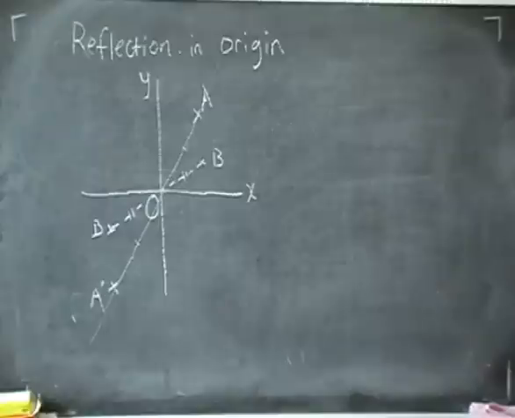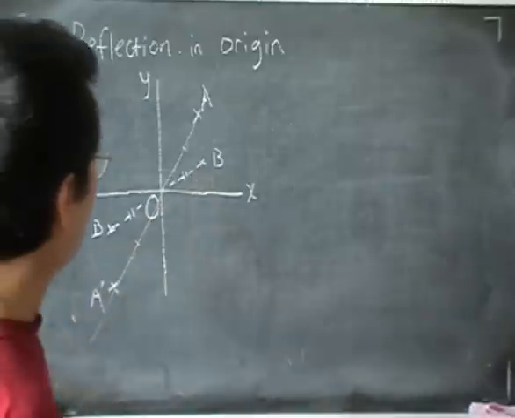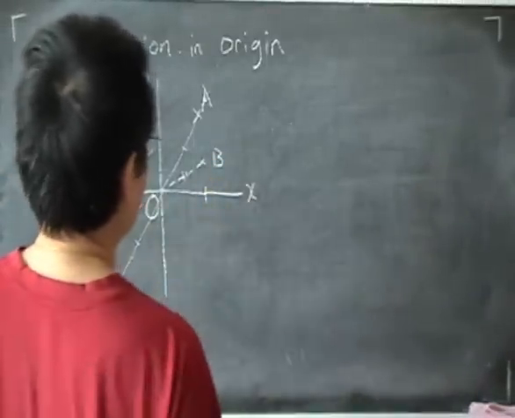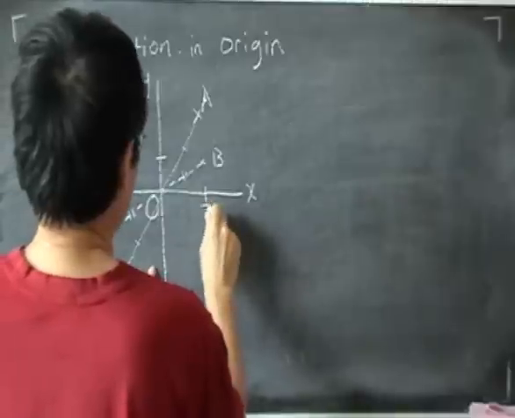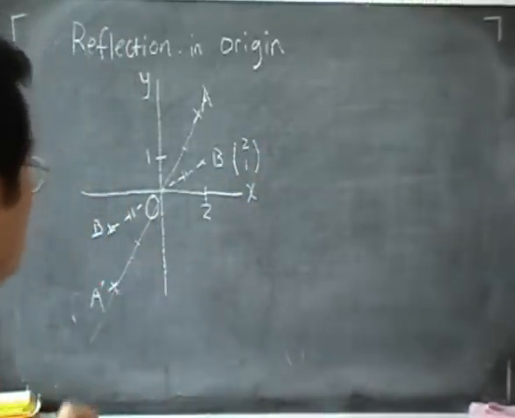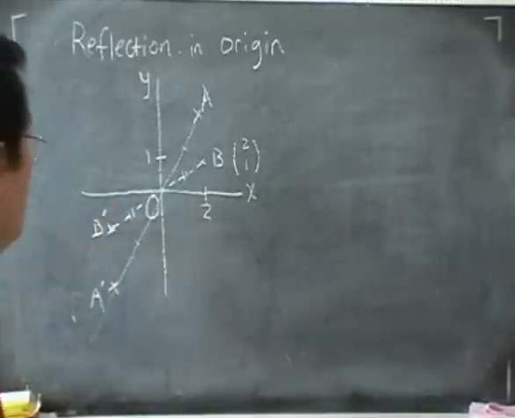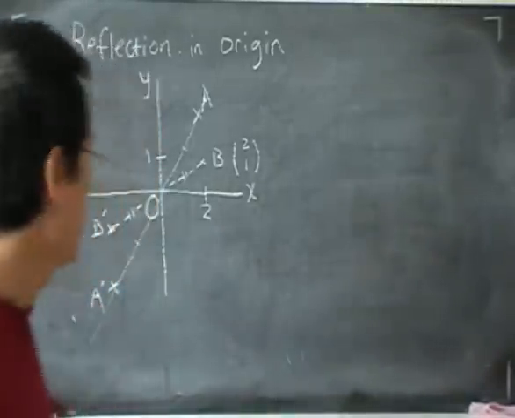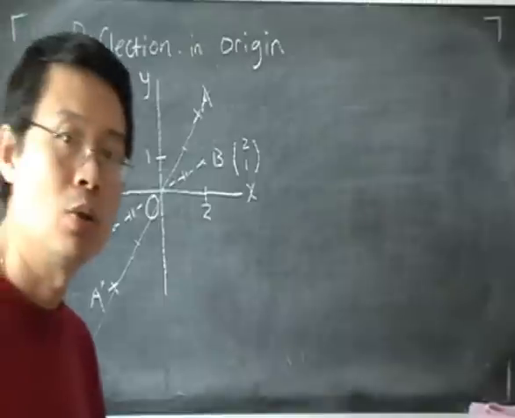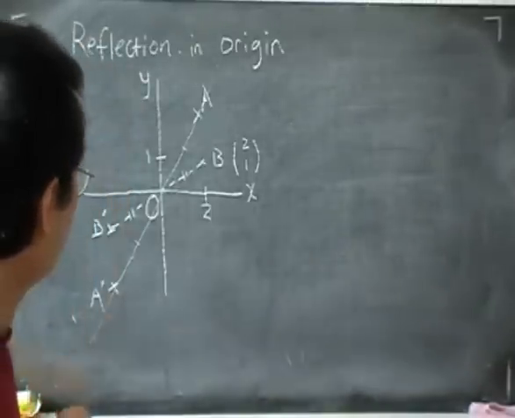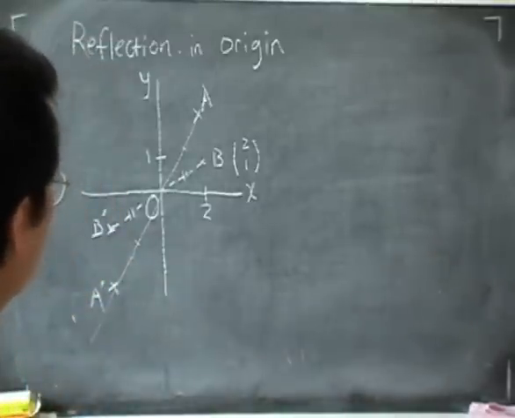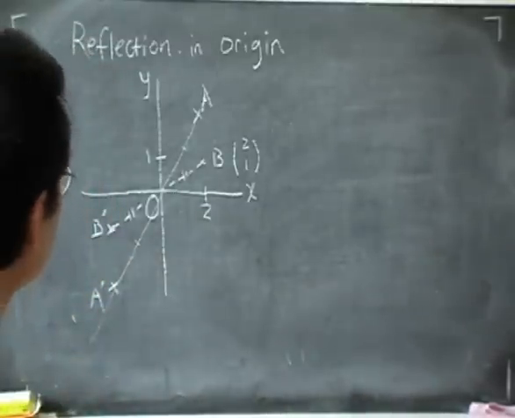So for example, if I look at B and suppose that the position of B is at 2, 1, and I want to find the position of the image B prime. Now, without actually using any matrix, we can find the answer quite easily if we think about the graph and the geometry.